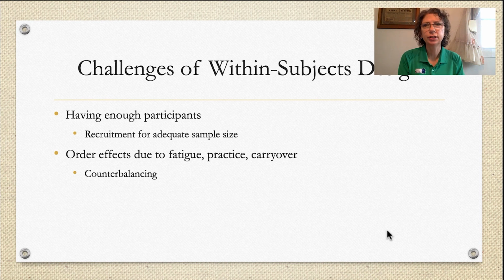Okay, our challenge is having enough participants, recruitment for an adequate sample size, and then order effects due to fatigue, practice, and carryover. We have to do a counterbalancing, and that's how the researcher would try to address the order effects, potential extraneous variable there.